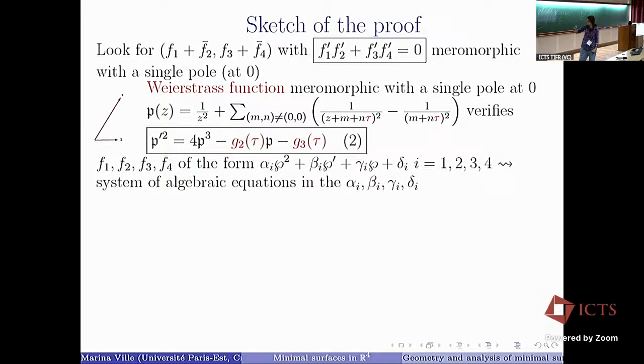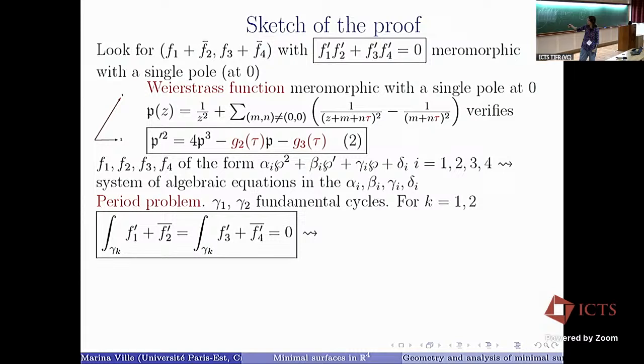Then we have the period problem, because this is doubly periodic, but we're going to take the integral of it. So we want these periods to be well defined: we want these integrals along the two sides of the fundamental domain to be zero. It's a period problem, which is a very classical problem for everyone who does minimal surfaces in R3 or R4.